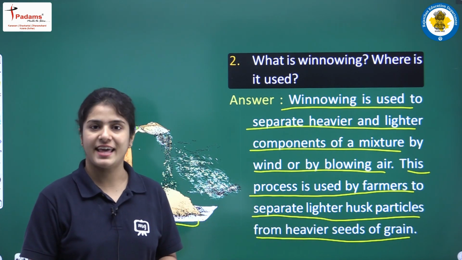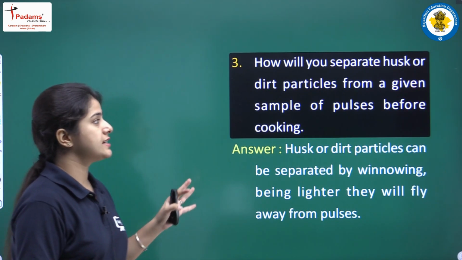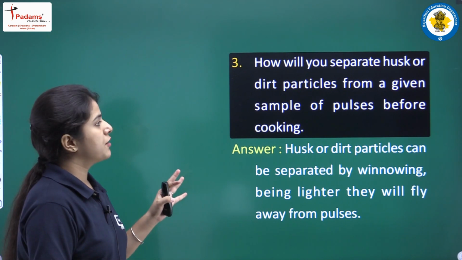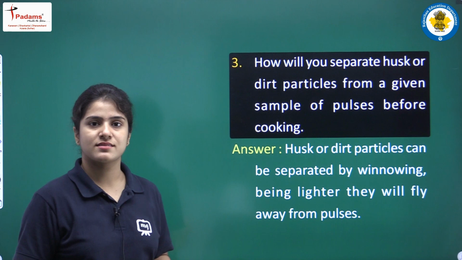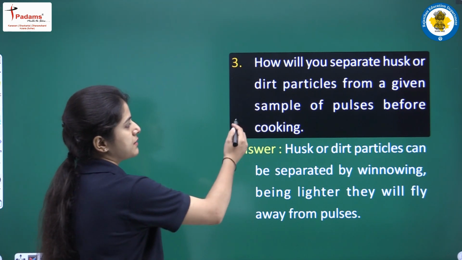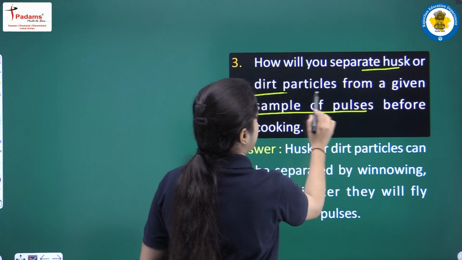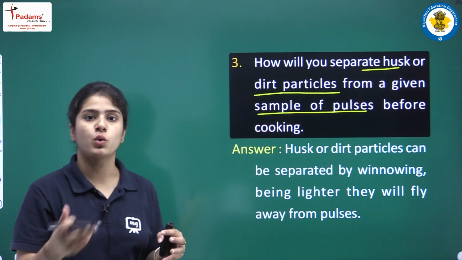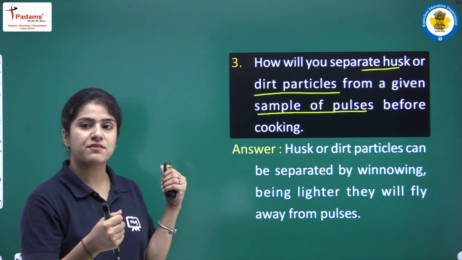Next we are going to discuss, how will you separate husk or dirt particles from a given sample of pulses before cooking? You will use the process of winnowing, the similar process that we have discussed.